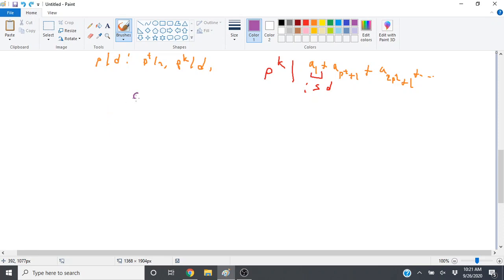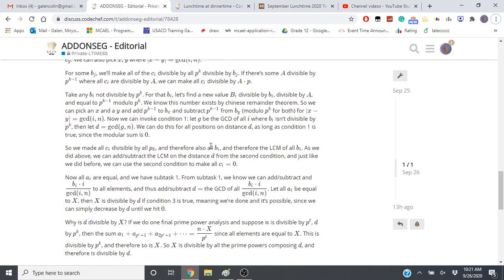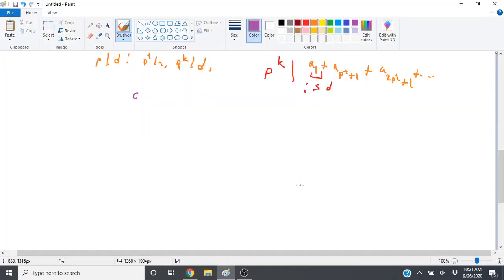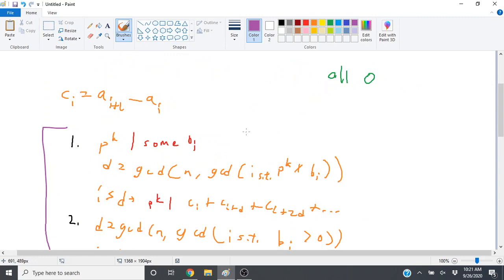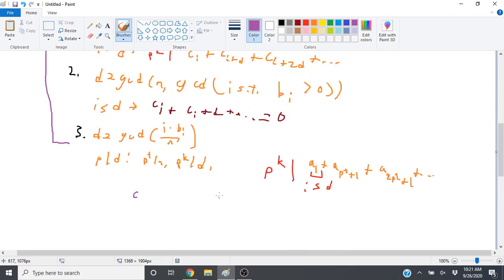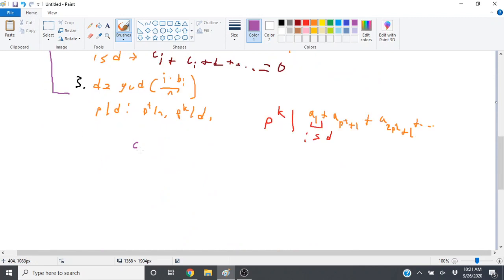So first, we consider only C. What we want to do is make all C equal to 0 somehow. Also, we're assuming that these three conditions are true, because if not, then we automatically don't have an answer. So we want to make all Ci equal to 0. Right now, Ci is arbitrary. It's just based on the input.